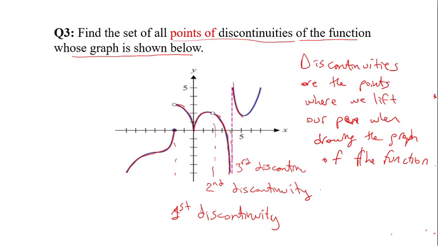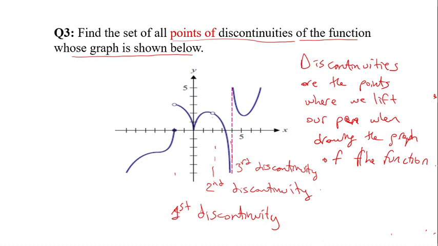Now the graph ends here, so I'm not paying attention to those points, because we are given only a window of the function and we don't know the rest.